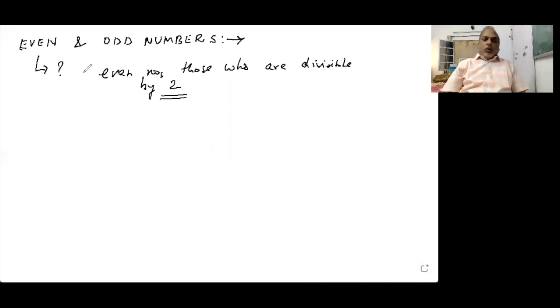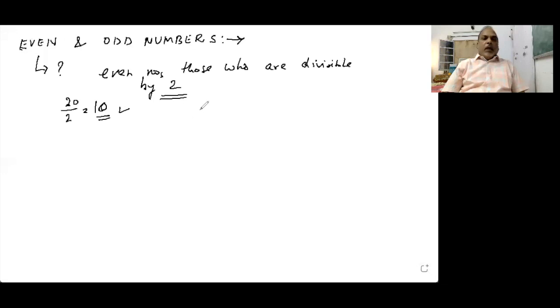Means if you divide any number, you will not have any remainder. Like suppose if you divide 20 by 2, then it will come as 10 and it will not have any remainder. So this is an even number.